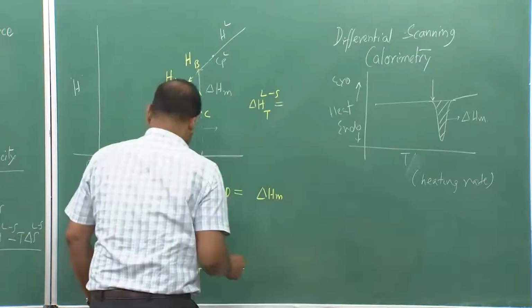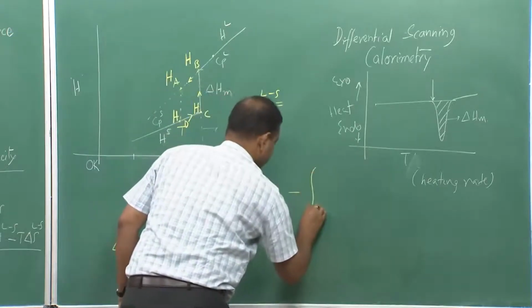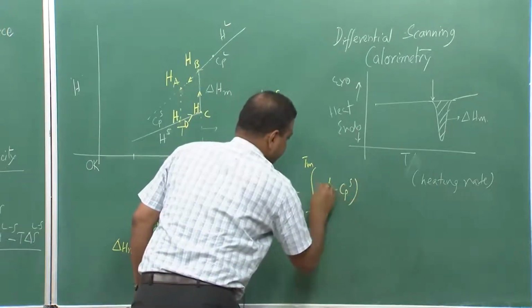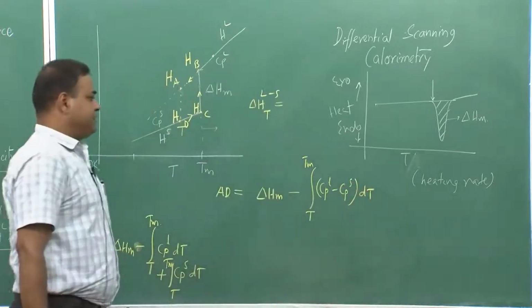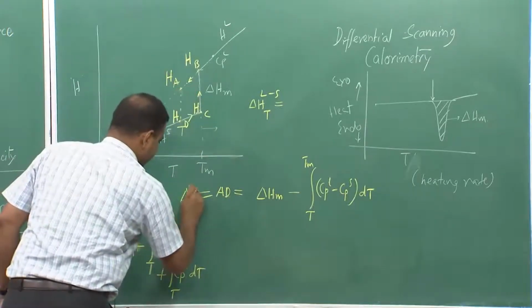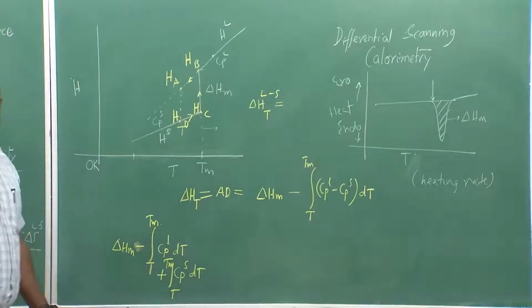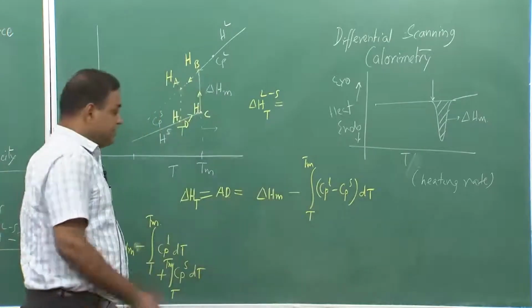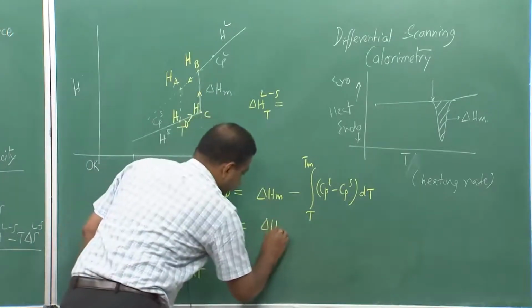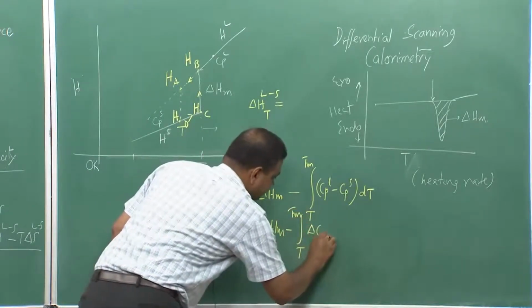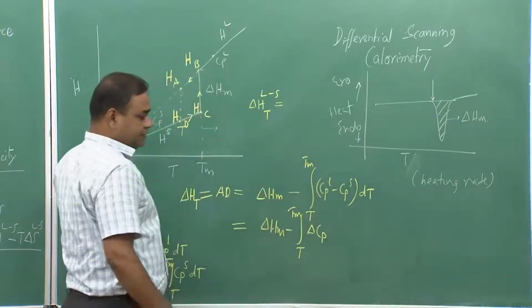Now, I just remove this part, then this becomes del Hm minus the integral from T to Tm of CpL minus CpS dT, and this is nothing but, if this difference is del H T, so this becomes del Hm minus the integral of CpL minus CpS dT.